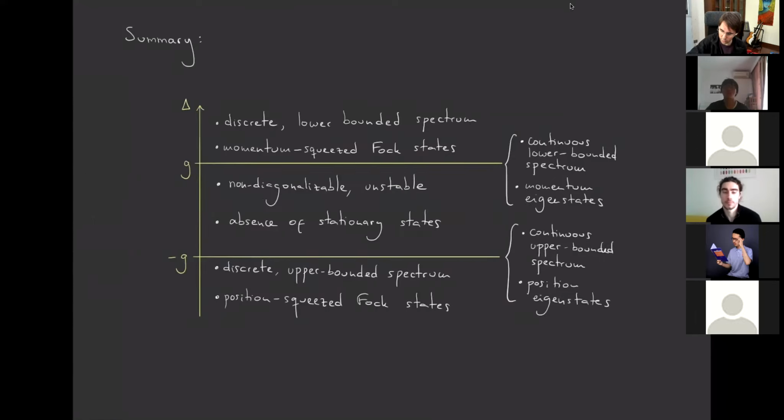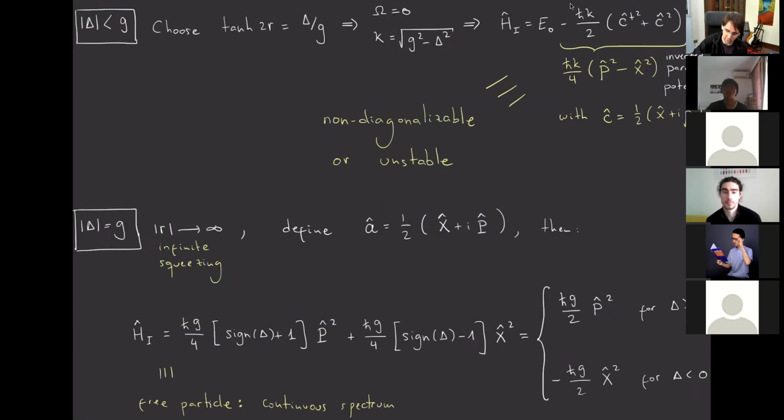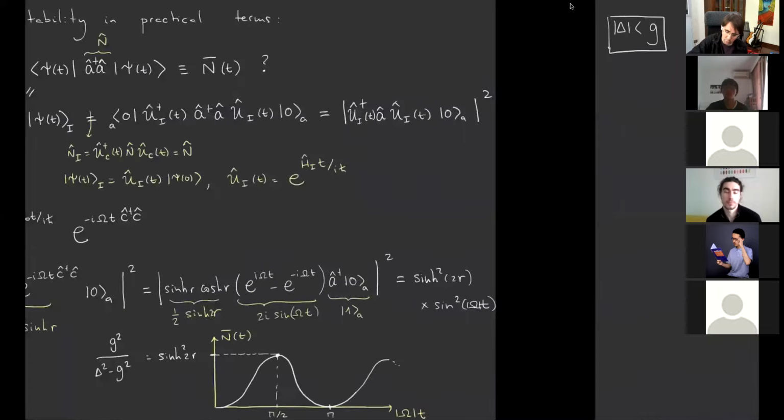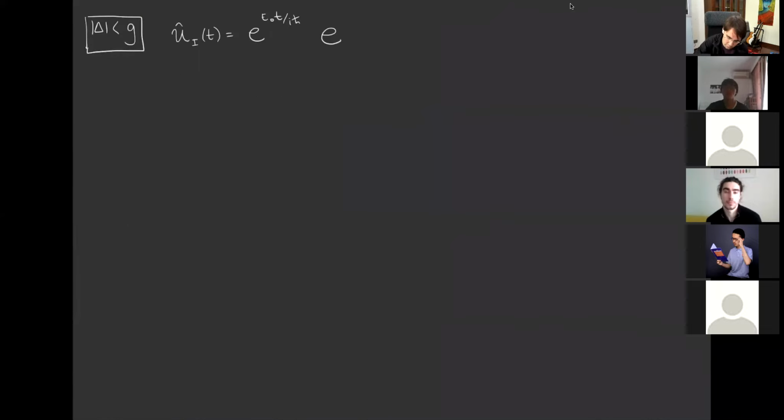Let me remind you quickly, the Hamiltonian in this region is equal to this thing here, C dagger square plus C square, which means that the time evolution operator is equal to exponential of i kappa t over 2 times C dagger square plus C square.